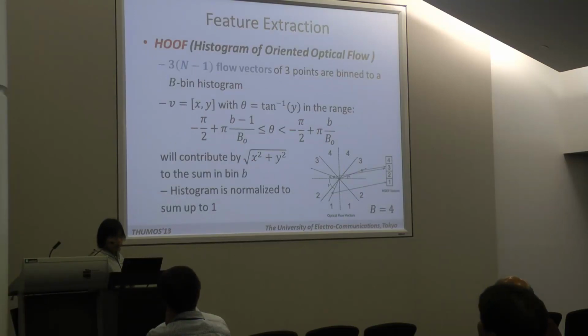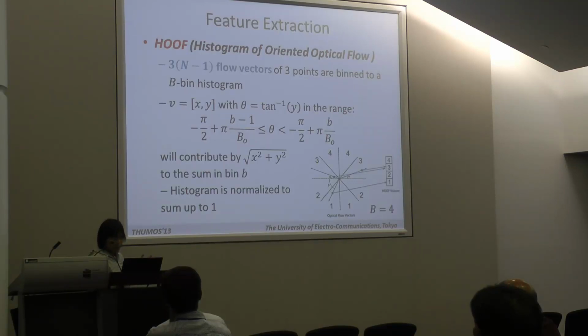Following the histogram of optical flow, we bin each flow vector into a histogram. The binning is according to the angle to the horizontal direction, and it is weighted according to the magnitude of the flow.